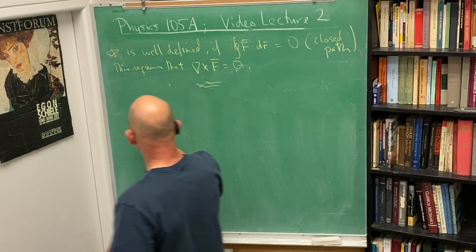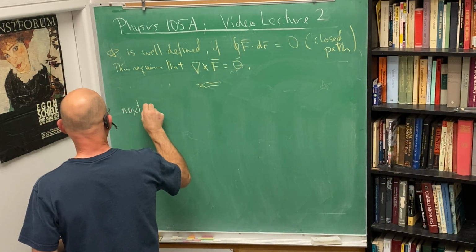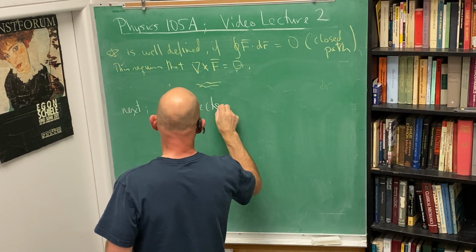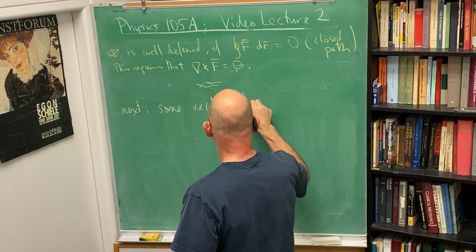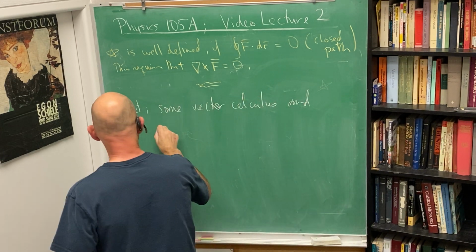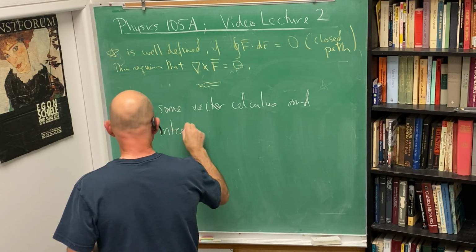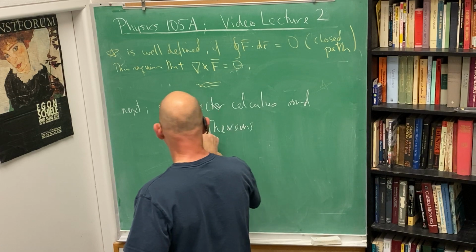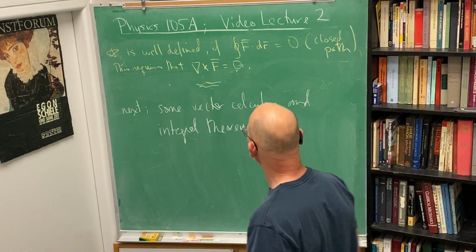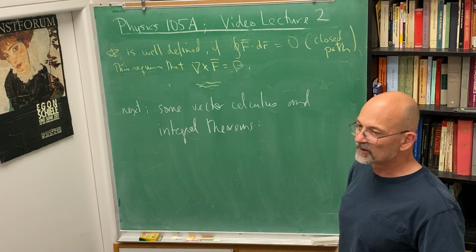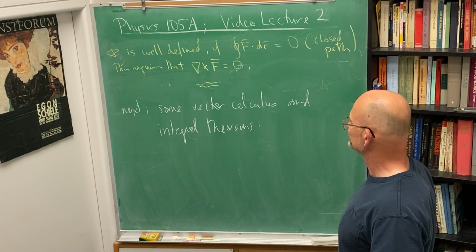So I'll write here next: some vector calculus and the integral theorems. For this one we're going to use Stokes's theorem, and we'll talk about all of them while we're at it.